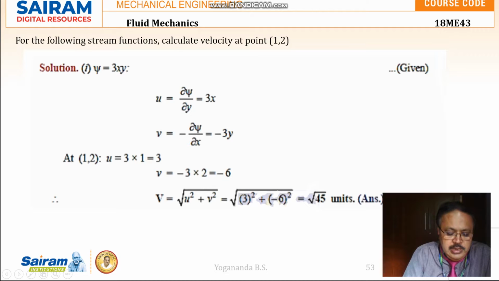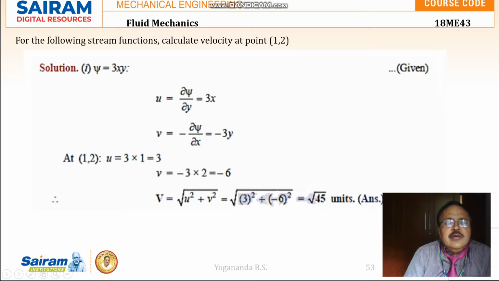In the earlier session we saw the velocity components in terms of the stream function. u, the velocity in the x direction, is del psi by del y. Differentiating 3xy with respect to y, we get 3x. And v is equal to minus del psi by del x, so differentiating psi with respect to x, we get 3y.